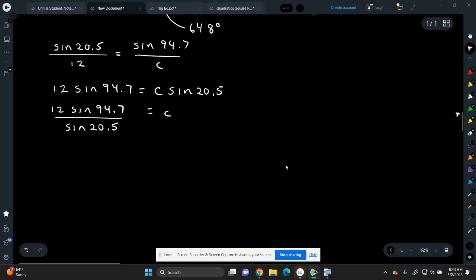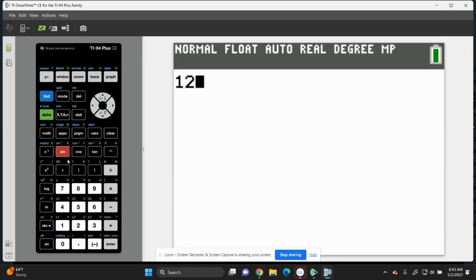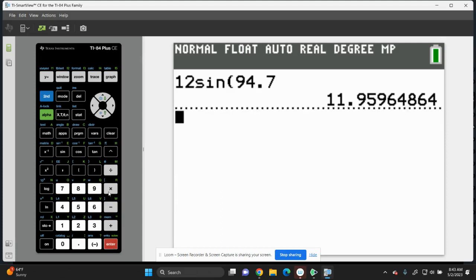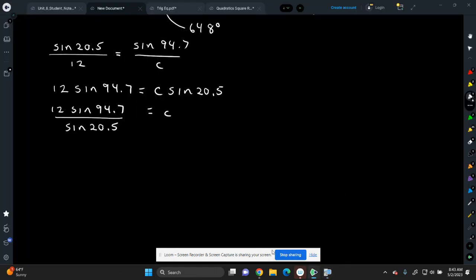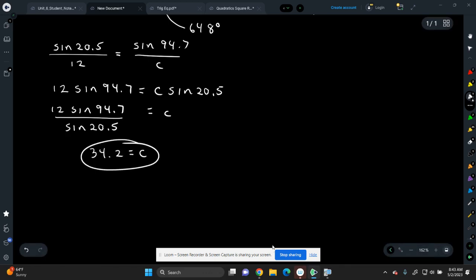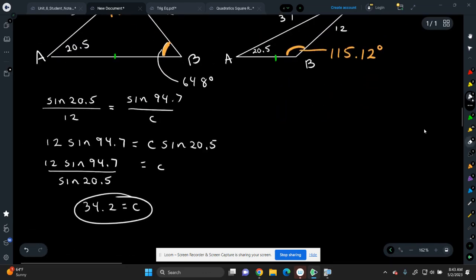Let's see, 12 sine 94.7 divided by sine 20.5. I get 34.2. There's side C. We're just going to round it to 34, sorry.